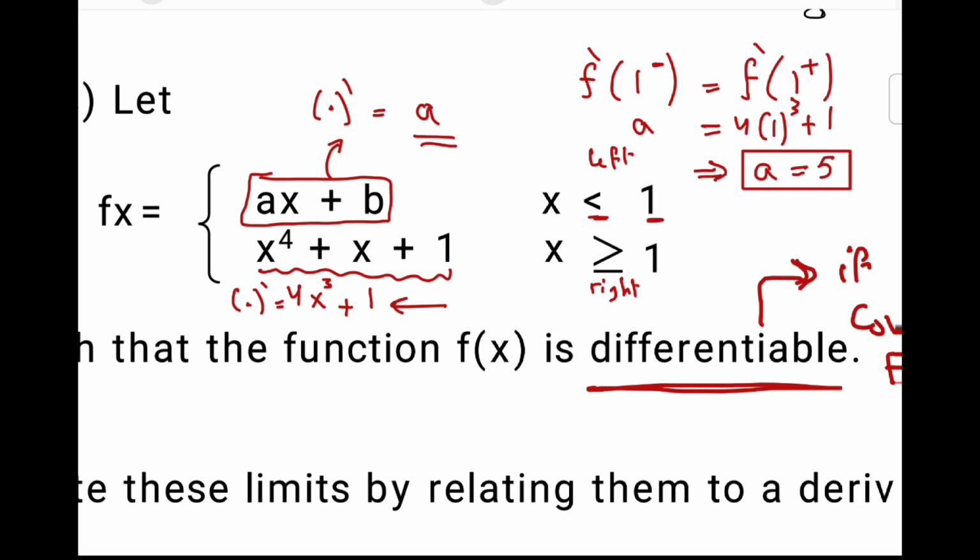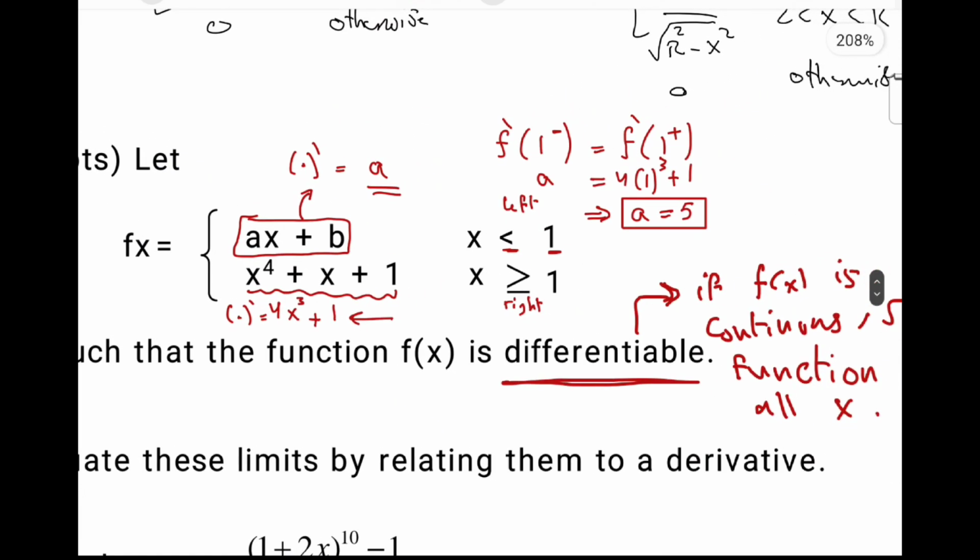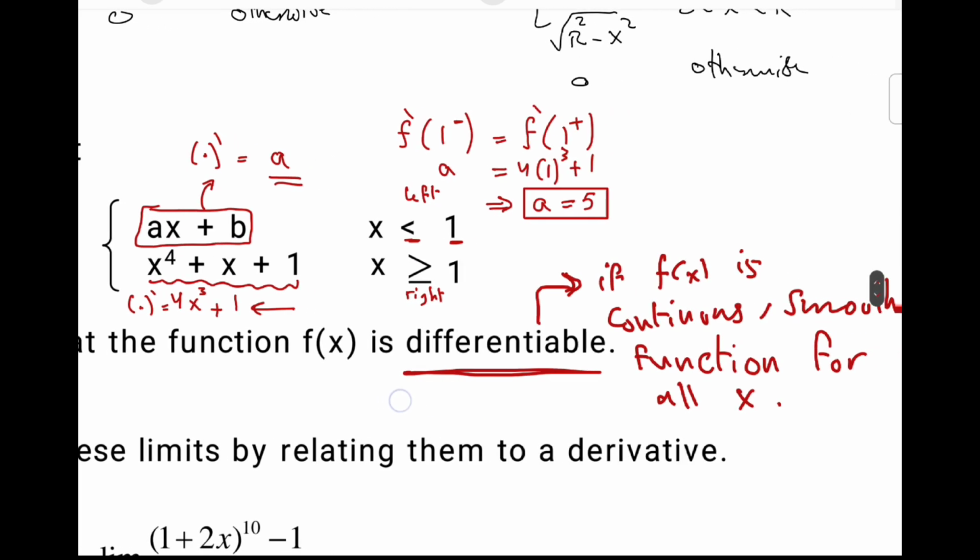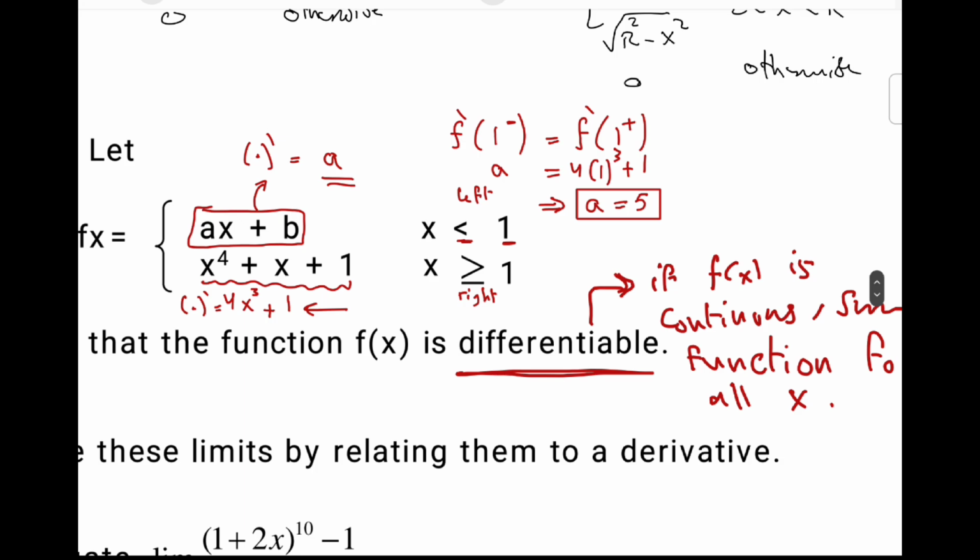Now how to find the value b? To find b, we said that the function f must be continuous, which means that the limit of f from the right should equal the limit of f from the left at 1.